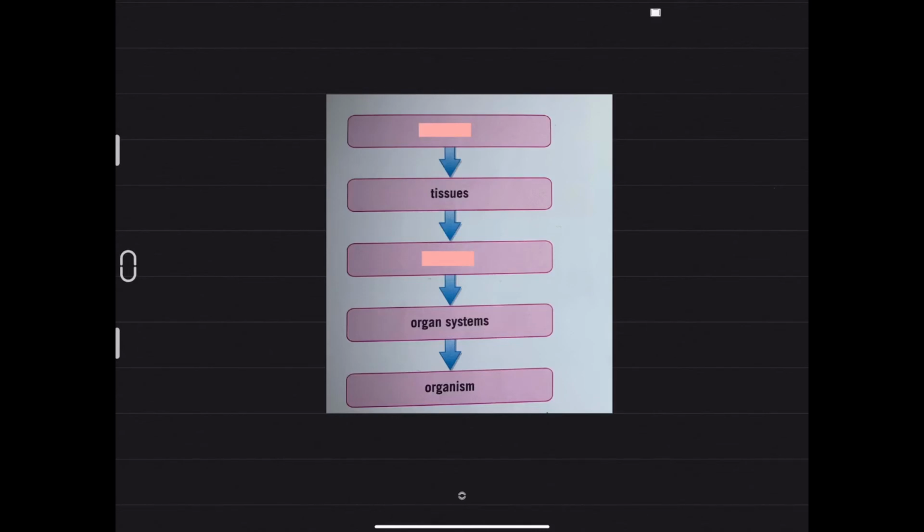I'll give you just about 30 seconds. It shouldn't take that long. Leave the corresponding blanks, and think about what words should go preceding each arrow.